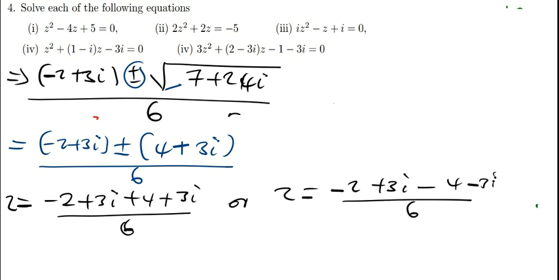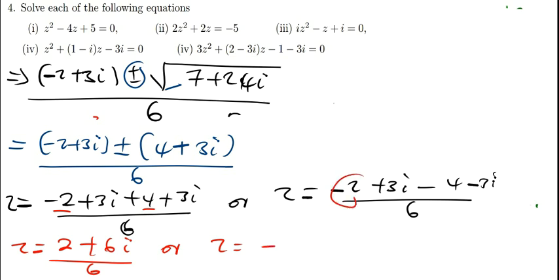Now we can add negative 2 and this, which gives us positive 2, and these two give us 6i, divided by 6. Or z will be equal to, adding these two, negative 6, and this and this will give me 0, so I just leave it divided by 6.